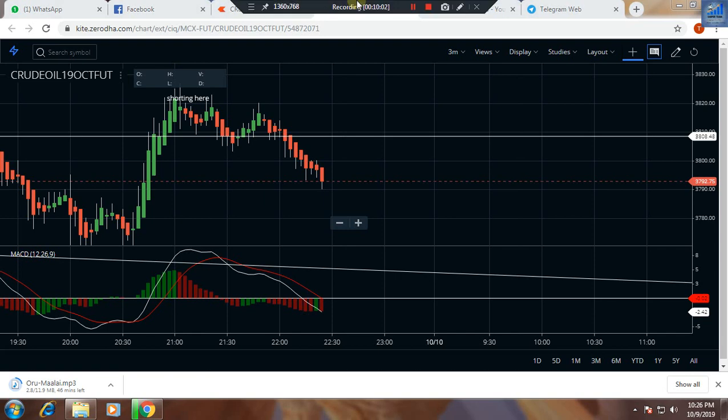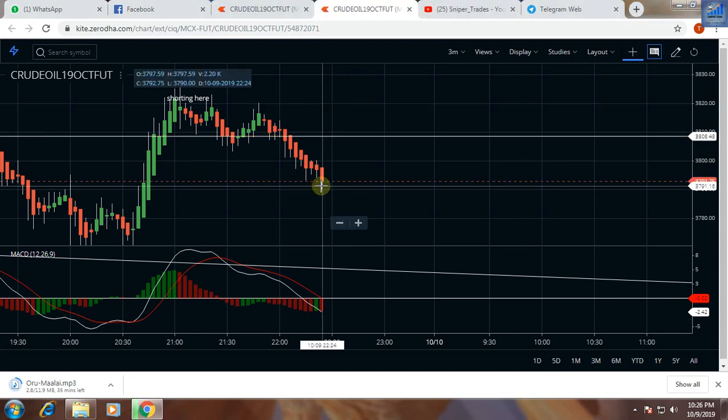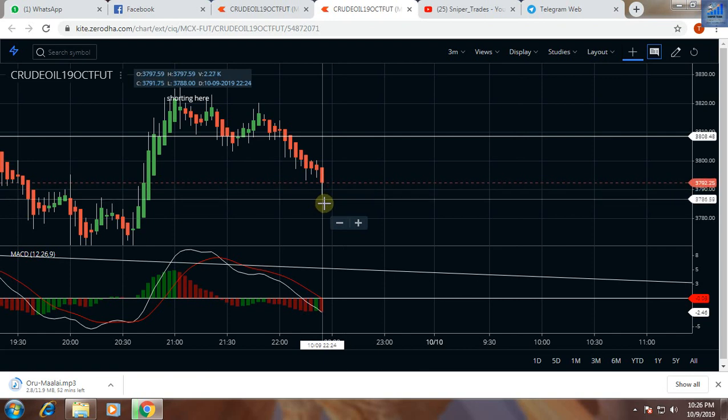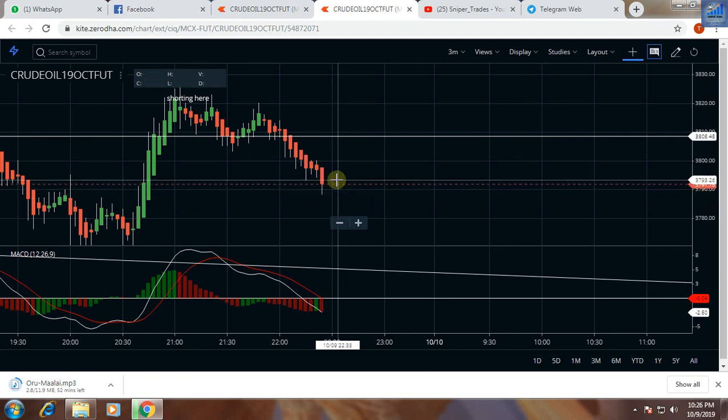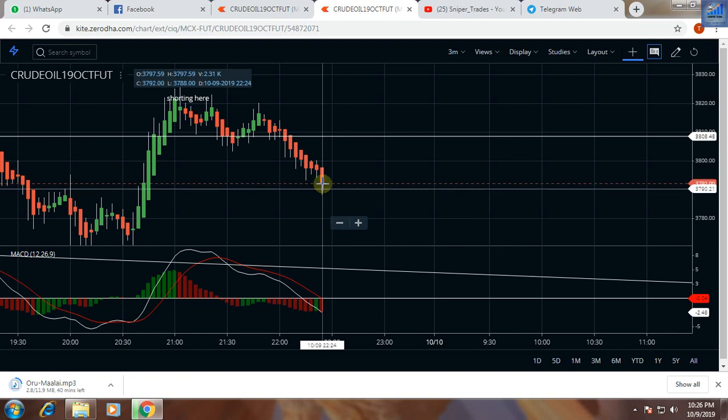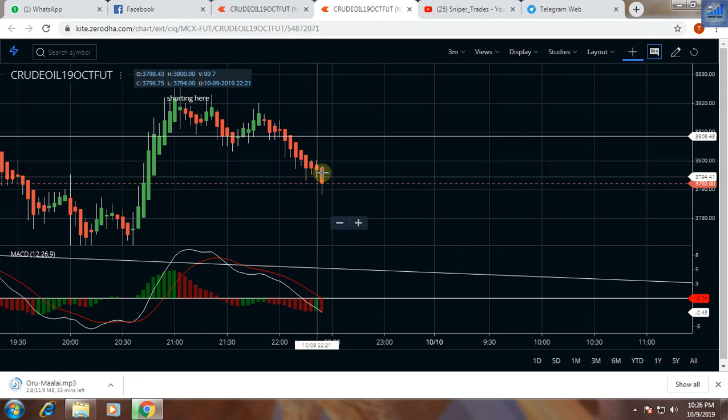So see, the price is coming downwards. It has made a new low of 3789, and is still coming down. I have already said that this is a supply zone and the price must break this level and come downwards.